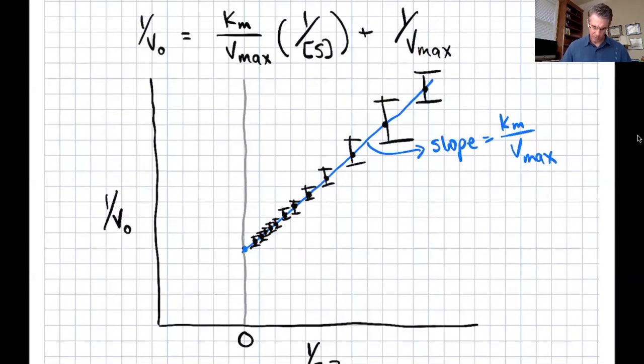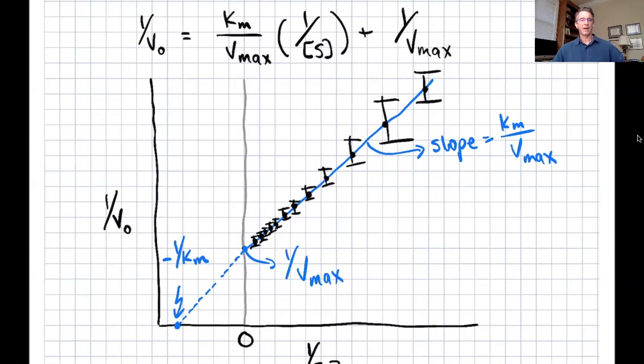Your intercept with the y-axis is 1 over your Vmax, right? But to get the Km, if you want to get it directly, you have to extrapolate this plot back in order to get the intercept here, which is of course minus 1 over the Km.